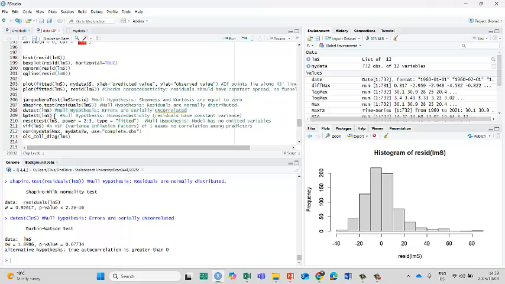So that's excellent. Now, after two disappointing tests for normality, this one is important. It tests for serial correlation or autocorrelation in the errors, and there's no sign of it.